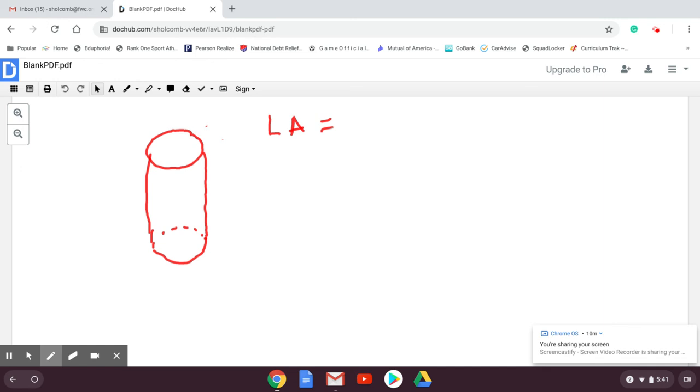Well, how is that similar to a prism? In a prism, it's perimeter times the height. Well, what's the perimeter of a circle? 2 pi r. And so the lateral area is just 2 pi RH. Surface area has to also account for the top and bottom base, which is a circle. So it's still 2 pi RH plus 2b, but we know what the area of a circle is.